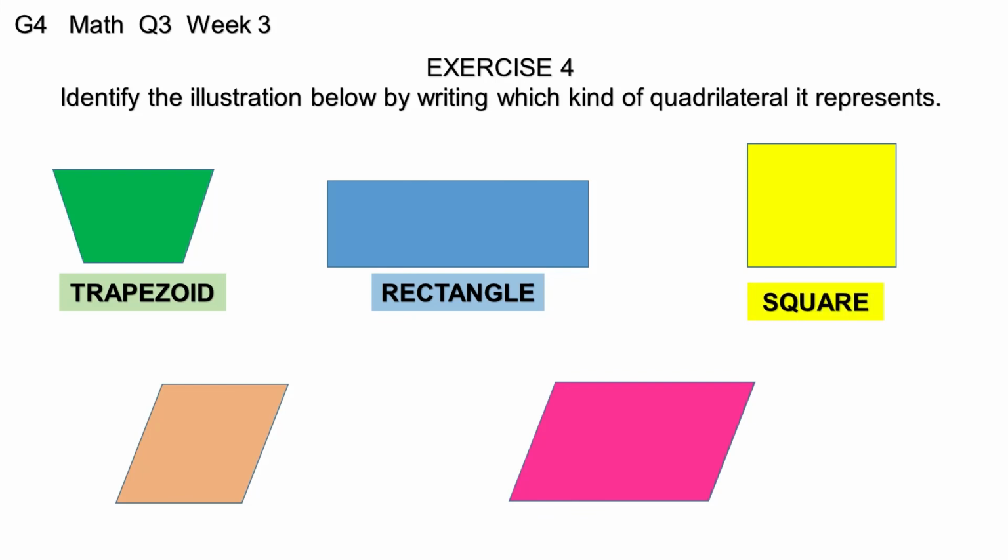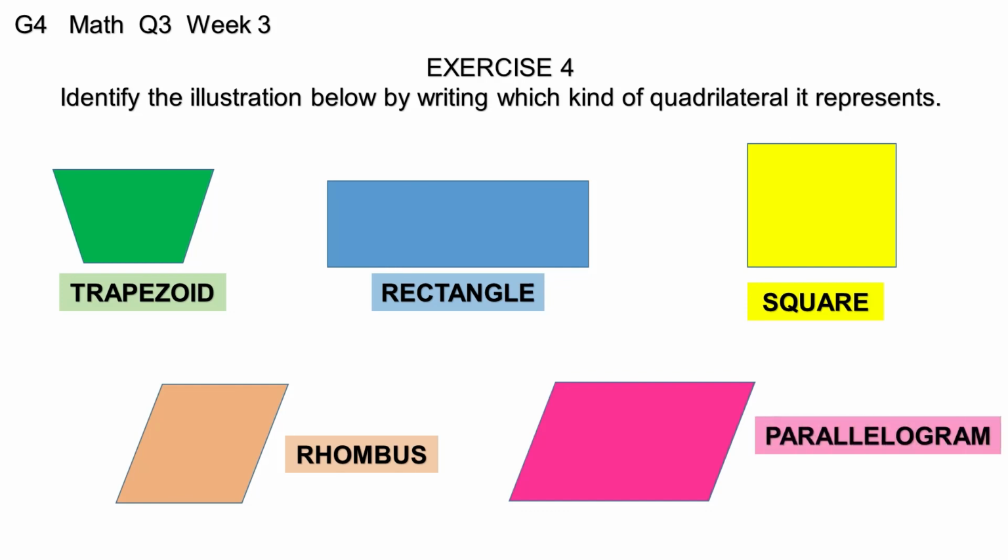Number 4, the orange one. It is a rhombus. And the last one, the pink one, it is a parallelogram.